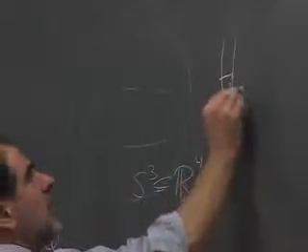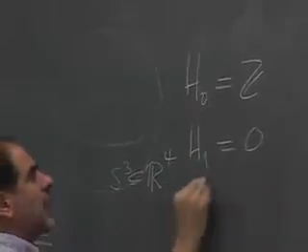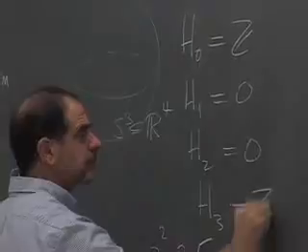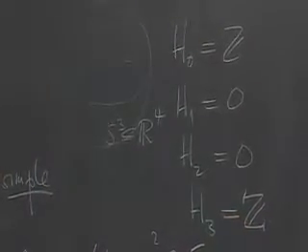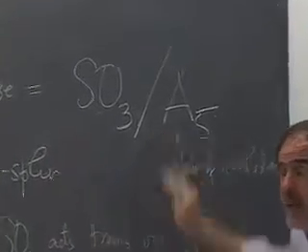And the 3-sphere has the property that its 0 homology is Z, its first homology is 0, its second homology is 0, and its third homology group is Z. And Poincare proved that this weird shape had exactly the same homology as the 3-sphere.